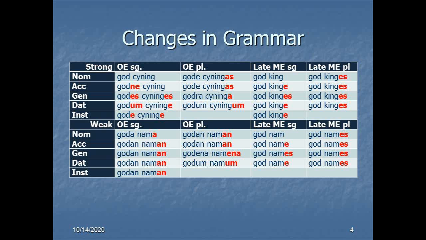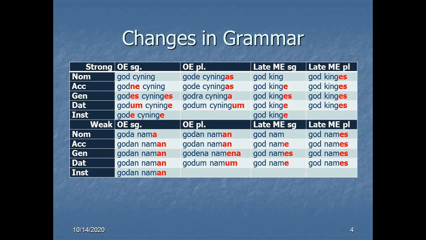In the case of a strong noun in Old English, such as cyning, we would have, running through the cases, in nominative singular, god cyning, in accusative singular, godne cyning, genitive singular, godes cyninges, dative singular, godum cynige, and in instrumental singular, gode cynige, and in the plural, nominative gode cyningas, in accusative gode cyningas, in the genitive plural, godra cyninga, and in the dative plural, godum cyningum.